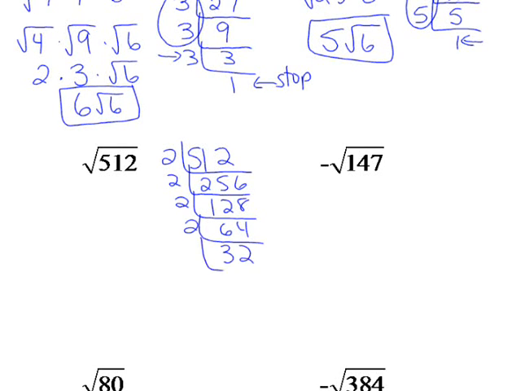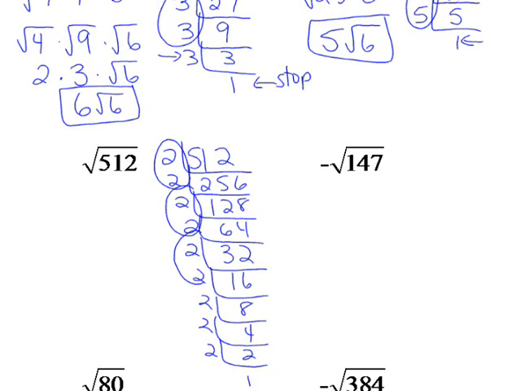2 and 32. 2 and 16. 2 and 8. 2 and 4. 2. 2 and 1 more 2. There we go. We end at 1, and we're looking for pairs. So we have 4 pairs, so we have the square root of 4 times 4 times 4 times 4 times 2.